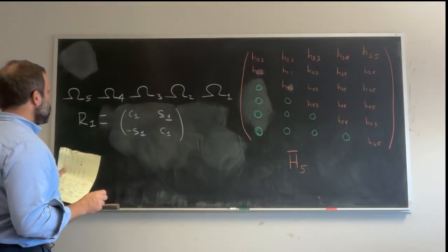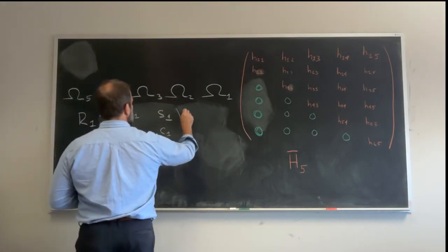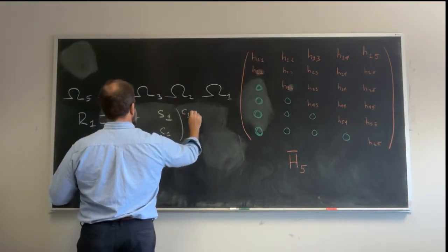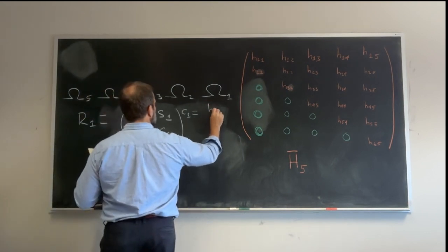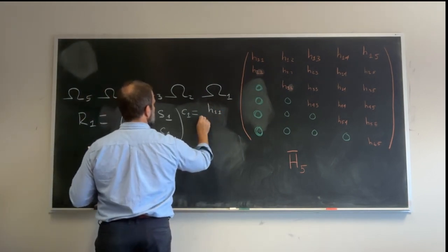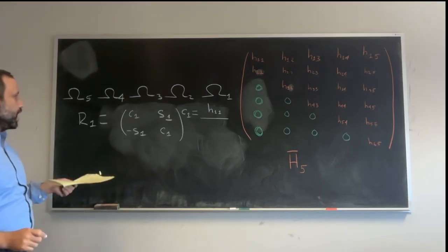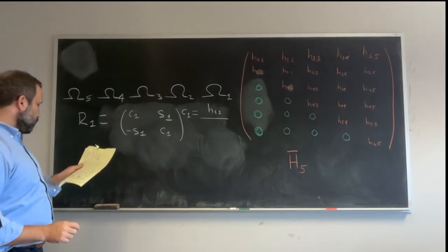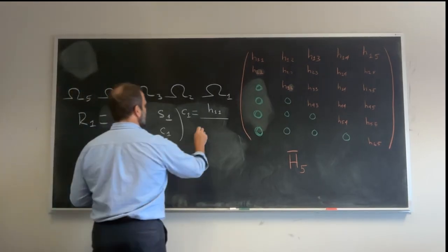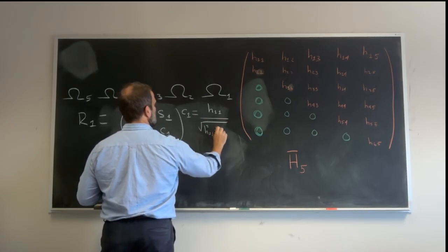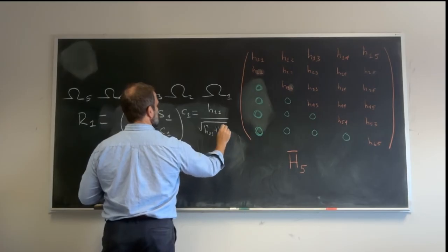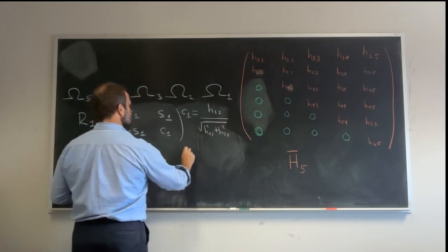So for us, what we want is C1 being equal to H11. So just in this simple setup that we have here for the first one, C1 is going to be H11 divided by the magnitude, the square root of H11 squared plus H21 squared.